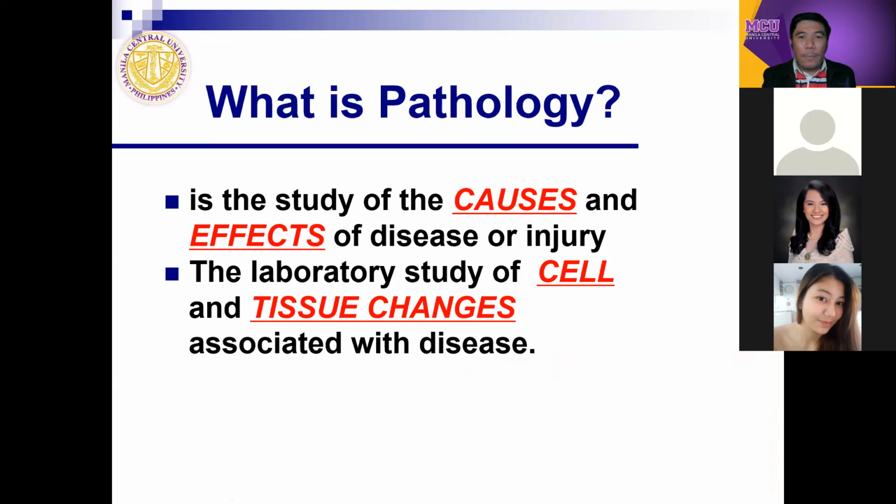When it comes to pathology, we have identified physiology. In physiology, we mentioned it is the function, the processes. But when it comes to pathology, always take into consideration that it is already associated with disease. Diseases may affect function at the chemical level, the cells, tissues, organ systems, until the organism is already affected.